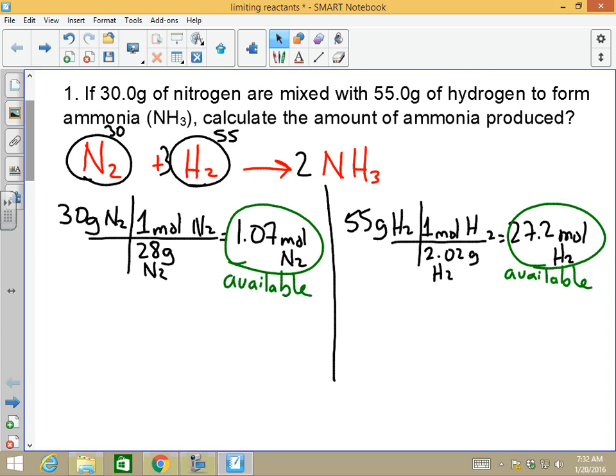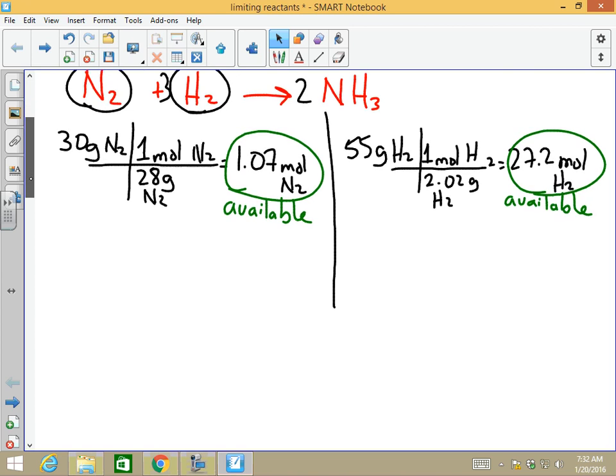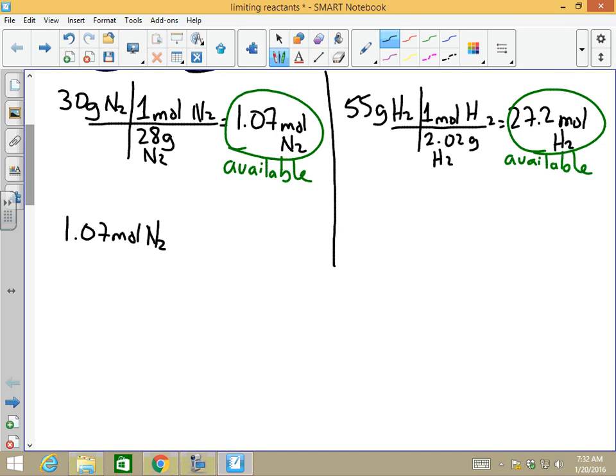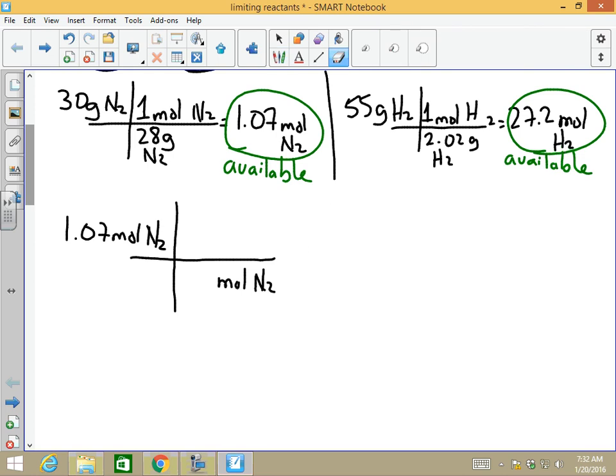Moving on, I take either the N2 or the H2 and find the mole ratio. Let's pick 1.07 moles of N2 that I got from my answer, and I go to the mole ratio. The mole ratio is the amount of moles based on the balanced equation, from moles of N2 to moles of H2.